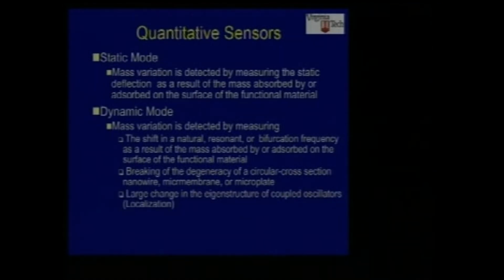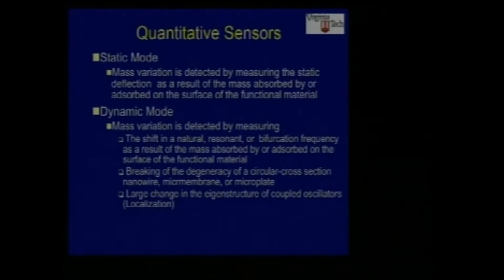Or you might use mode localization, because if you have two systems close to each other, they have the same frequency, identical. You join them weakly. Now, if you add a mass on one of them, you break the symmetry. By breaking the symmetry, you shift the frequencies.